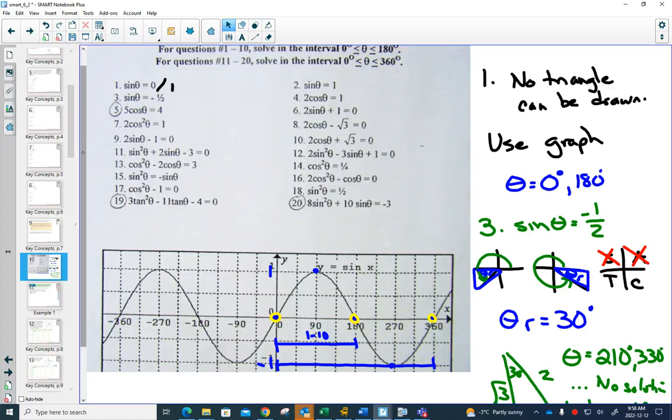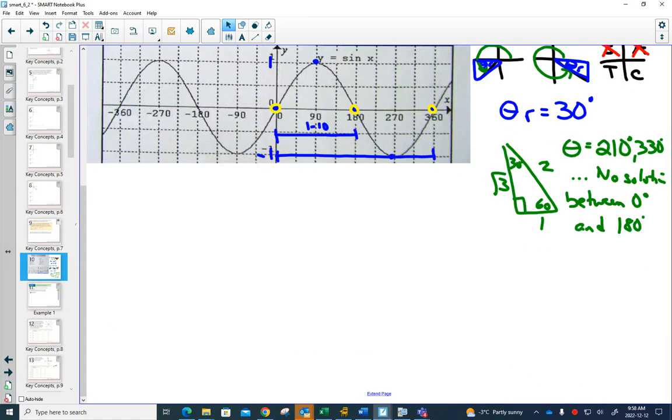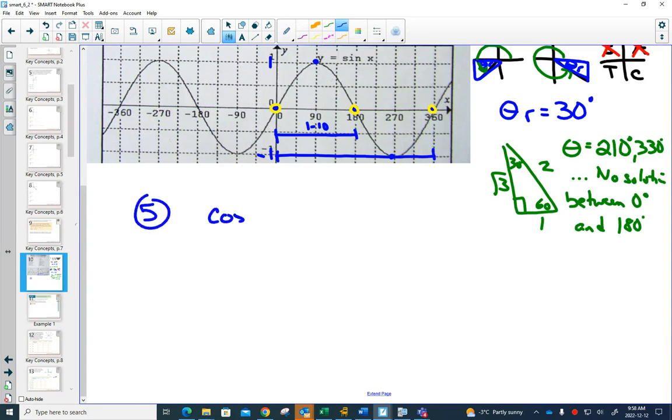Question number 5 is the first one that's circled with a calculator. We'll do one calculator one together. So in question number 5, first thing you're going to do is get the cos theta by itself by dividing both sides by 5. So we get cos theta equals 4/5.